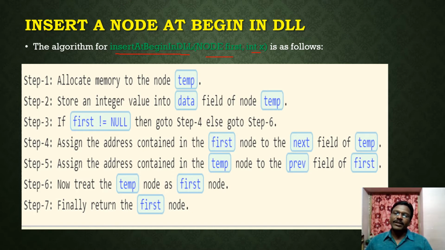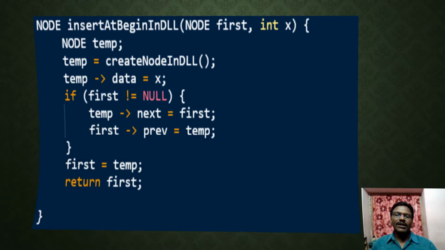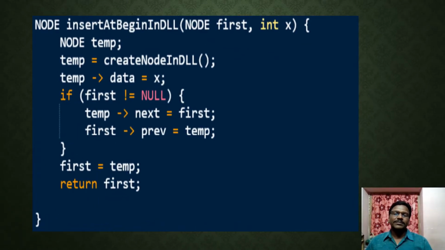Now let's see how it works. At present, first is representing, for example, null, which means there are no nodes in the doubly linked list. The x value is now 10.